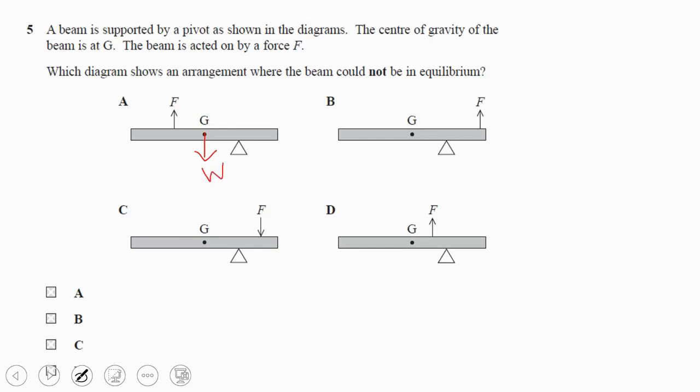If you consider the pivot as the point of rotation, since the total weight is concentrated at a distance from the pivoted point, the beam has a tendency to rotate about the pivoted point.